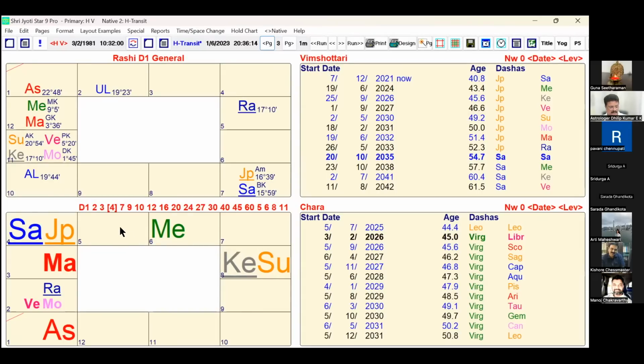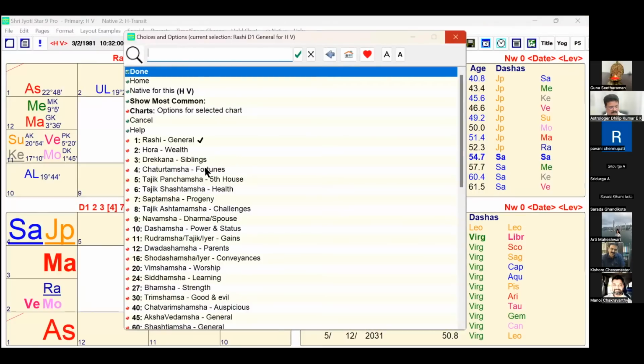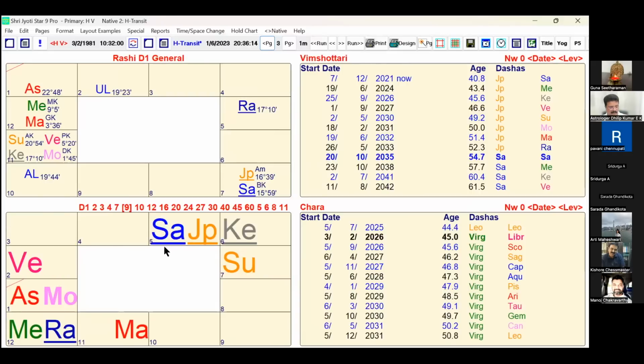Yes, Guruji. So can we open D9, sir, for this chart rather than D4? Yeah, D9. That's because D9 is always the best of divisional charts. There are so many ways D9 can help us. It's always better to have the default divisional chart as D9 only.